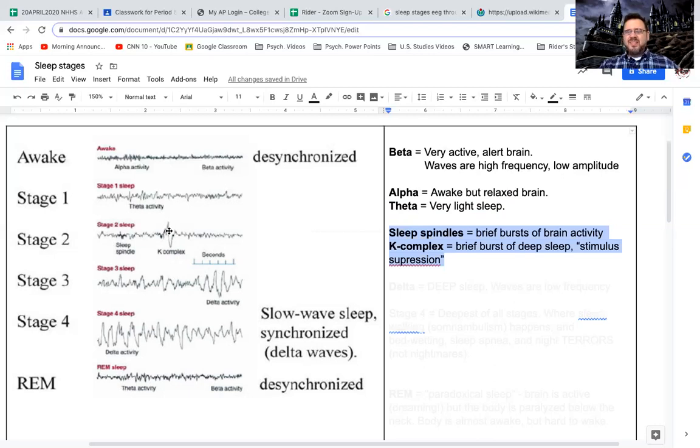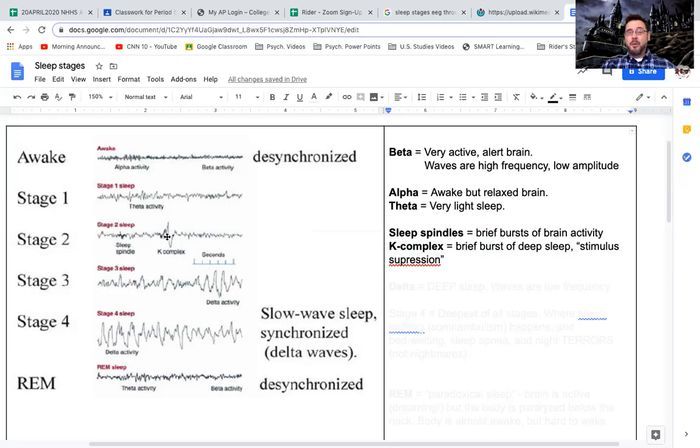Basically, this is a sign, I mentioned it over here, of stimulus suppression. So you're sleeping in stage 2, your body has relaxed down to stage 2, and maybe there's noises in your environment. There's a dog barking in the neighborhood, or a TV on in another room, and something loud, an explosion happens in a movie.